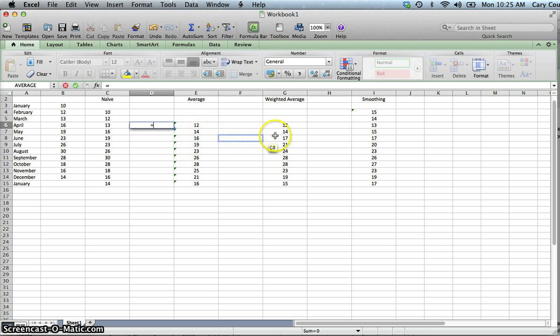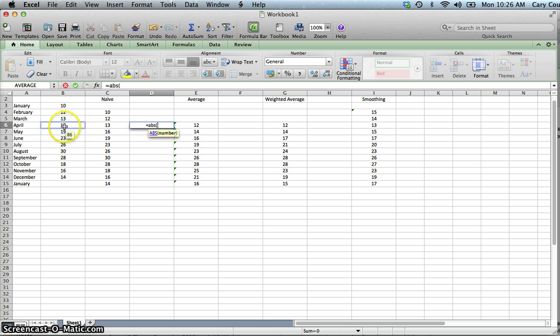But to make the comparison fair for all of these techniques, we want to only compare those periods where we have a forecast and actual across all the techniques. So I'm going to do this in April because I have that for the naive, the average, the weighted average, and the exponential smoothing. To absolute something in Excel, we use a function called ABS. That's absolute.